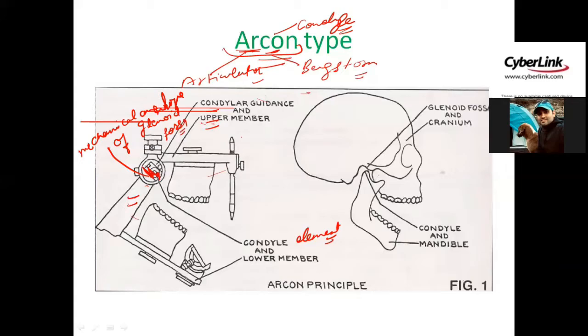So what are the various advantages of Arcon type articulator? The face bow transfer, occlusal plane, and the relationship of opposing casts are preserved when the articulator is open and closed. That means we can fix them.